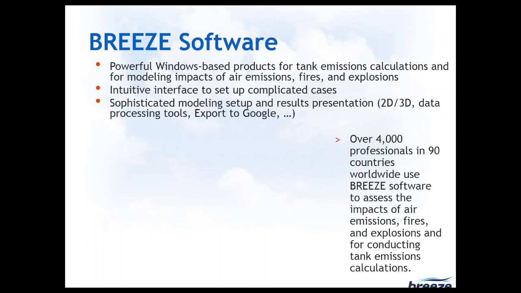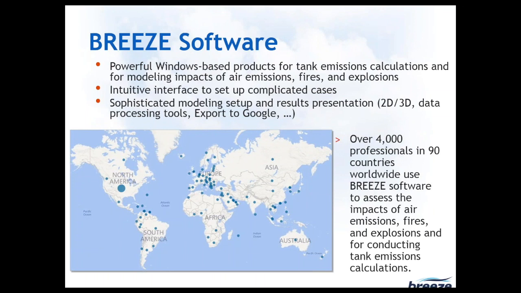And our programs also have sophisticated modeling setup and results presentation tools, such as 2D and 3D visualization, data processing tools, the ability to export to Google Earth, and much more. And many of these you'll see during the demo today. Similar to Trinity, Breeze started with a focus on air dispersion modeling programs, but today over 4,000 professionals in 90 countries worldwide use Breeze to assess the impacts of air emissions, fires, and explosions, and also for conducting tank emission calculations.